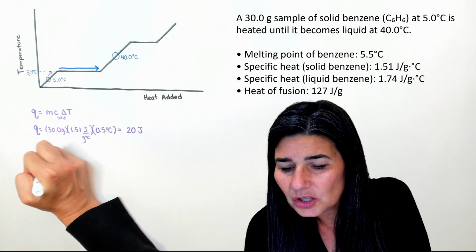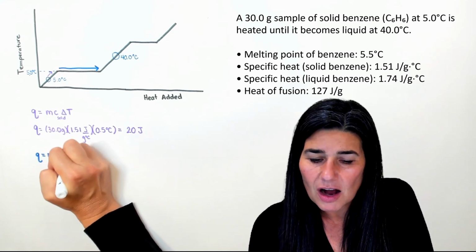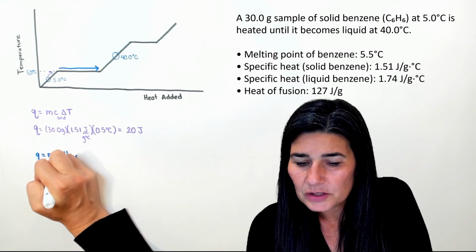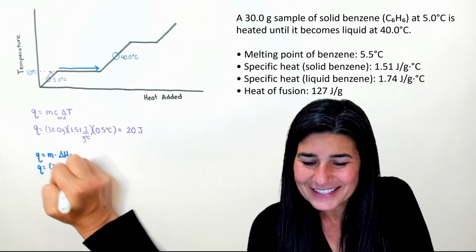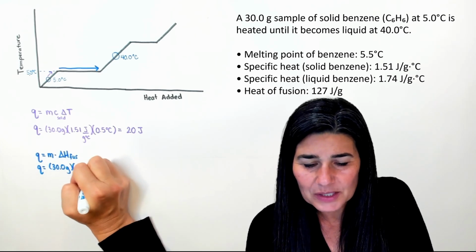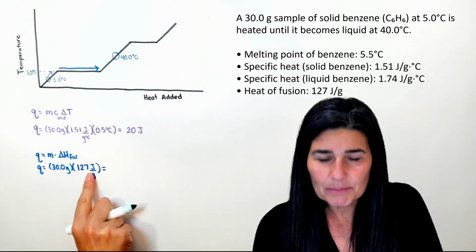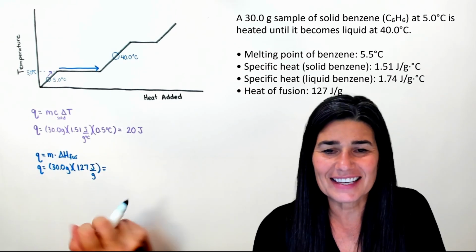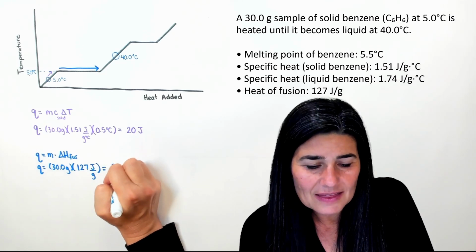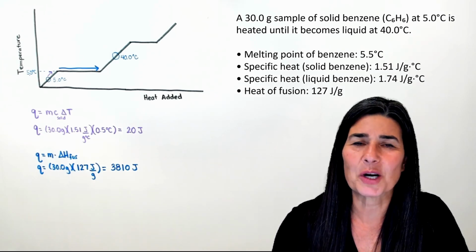So for part 2, the heat is going to be the mass times our enthalpy of fusion. Q is equal to 30.0 grams times our heat of fusion, which was 127 joules per gram. We're going to keep 3 significant digits in this answer, and if we keep 3 significant digits, we get 3,810 joules for that next part.